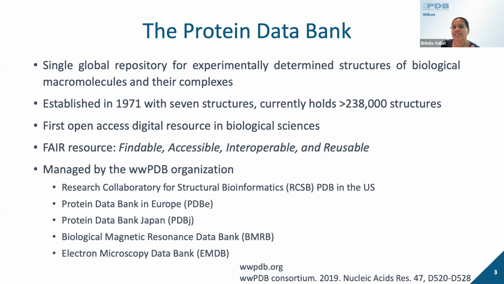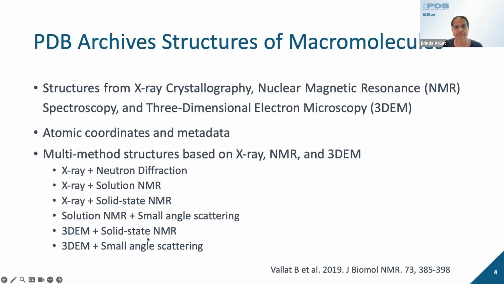The PDB archive is managed by the Worldwide Protein Data Bank organization, consisting of the RCSB PDB in the US, Protein Data Bank in Europe, Protein Data Bank Japan, the Biological Magnetic Resonance Data Bank, BMRB, and the Electron Microscopy Data Bank, EMDB. The PDB archives structures of macromolecules determined primarily using X-ray crystallography, NMR spectroscopy, and 3-dimensional electron microscopy.